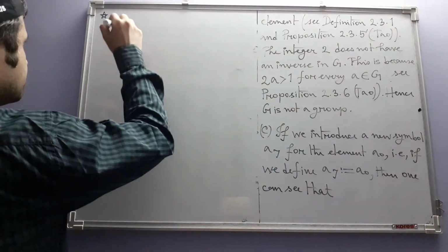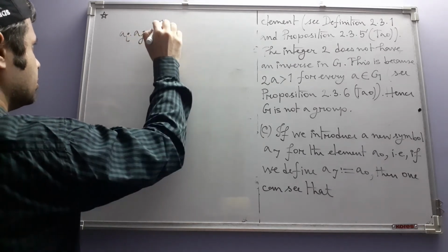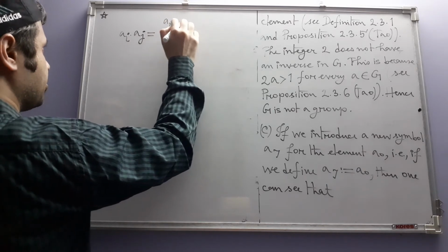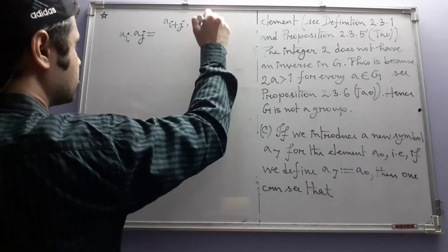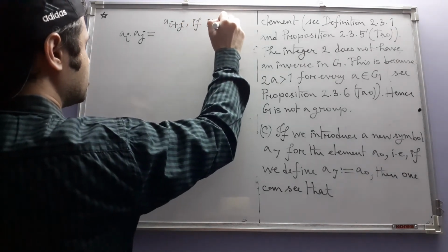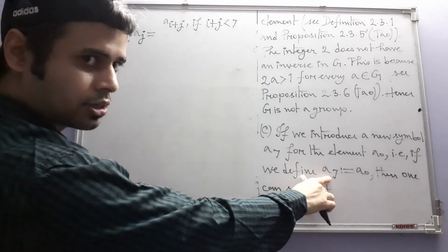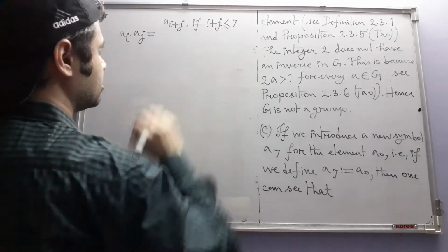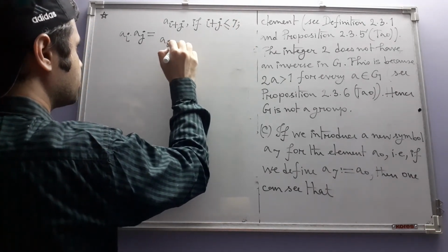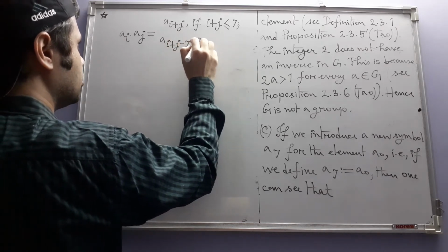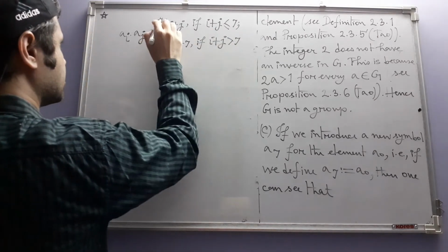One can see this: ai dot aj is equal to ai plus j if, originally what we had is this, i plus j is less than 7, but now because of this introduction of a new symbol, we can write like this, and a i plus j minus 7 if i plus j is greater than 7.